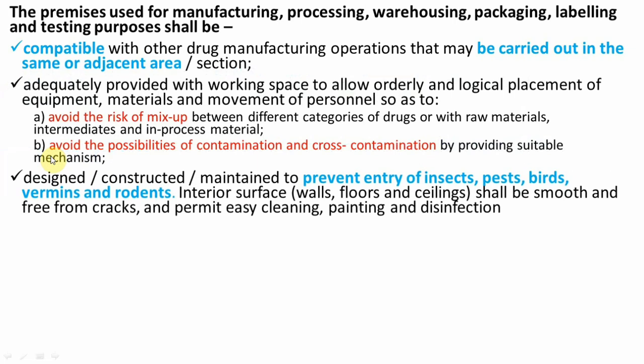Designed, constructed or maintained to prevent entries of insects, pests, birds, vermin and rodents. Interior surfaces, that is walls, floors and ceilings, shall be smooth and free from cracks and permit easy cleaning, painting and disinfection.